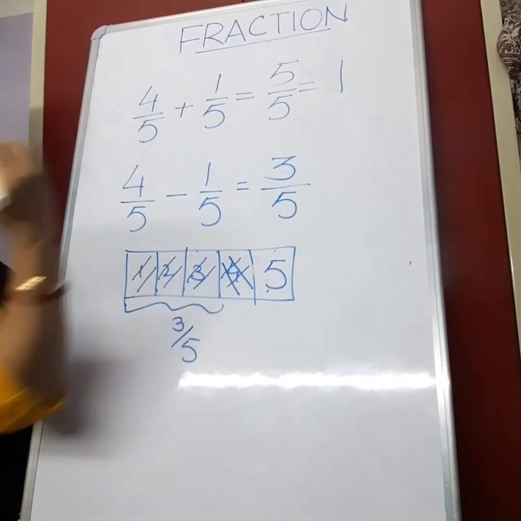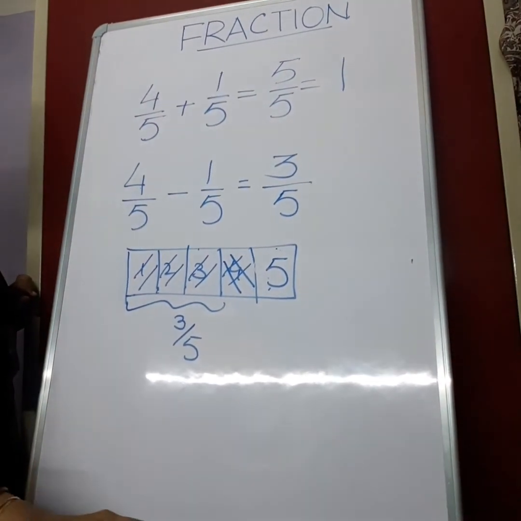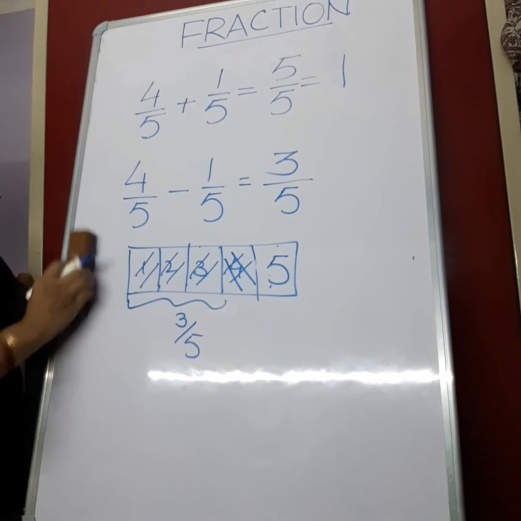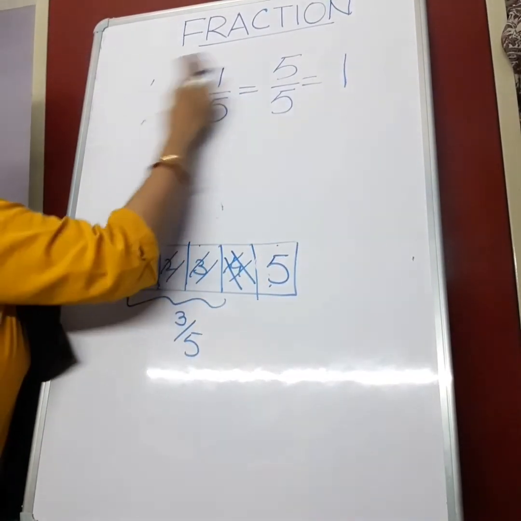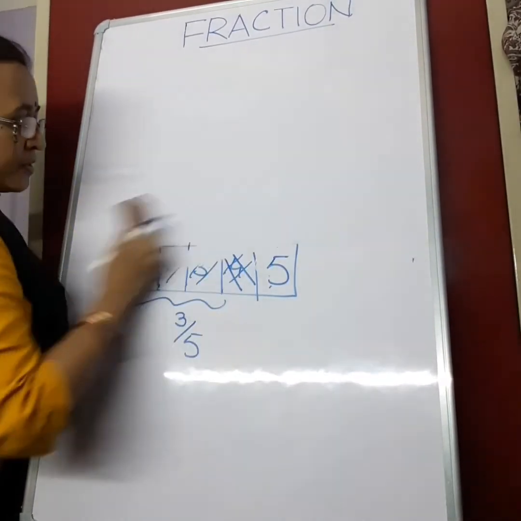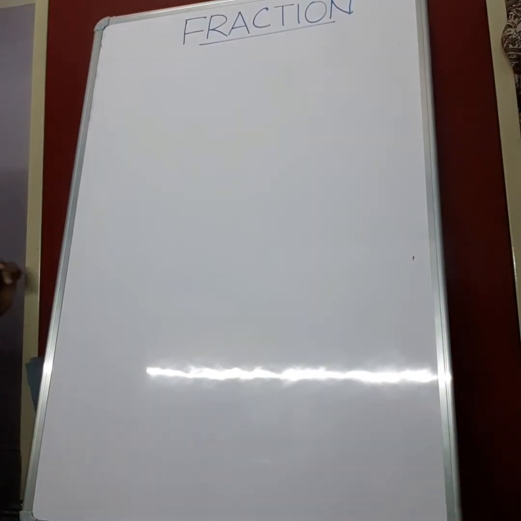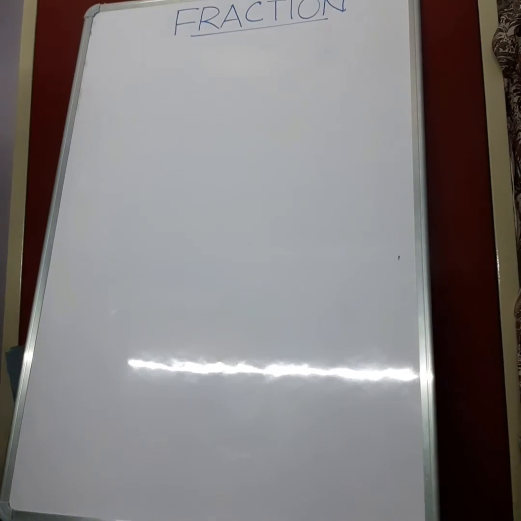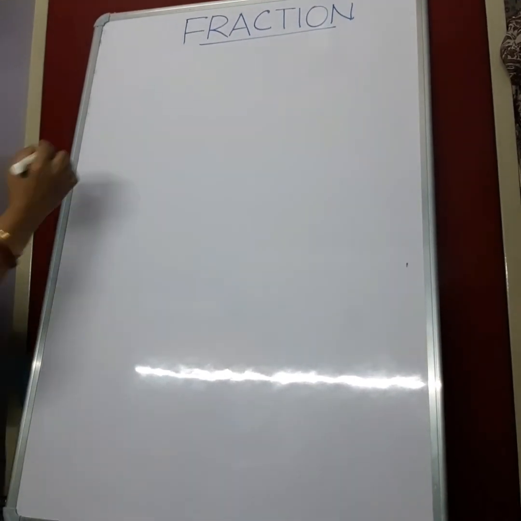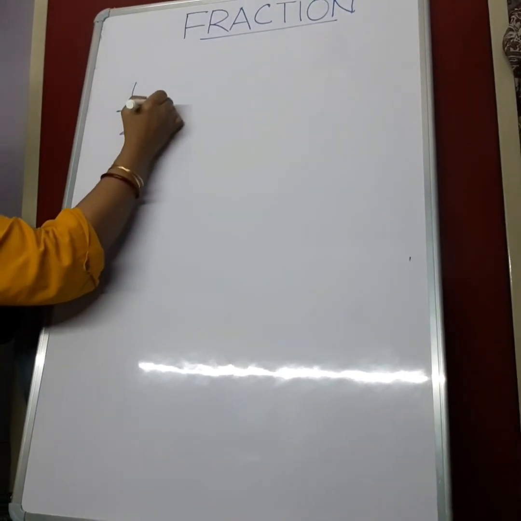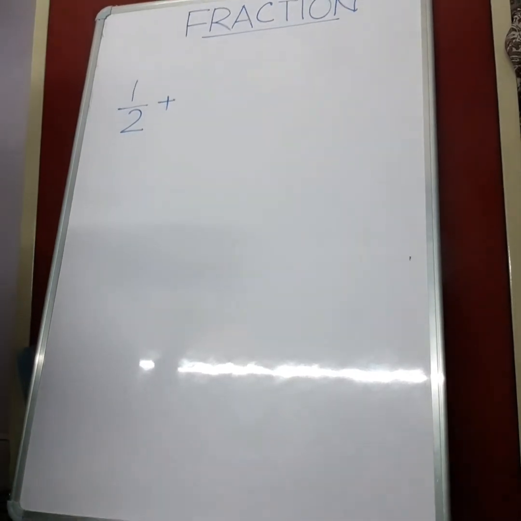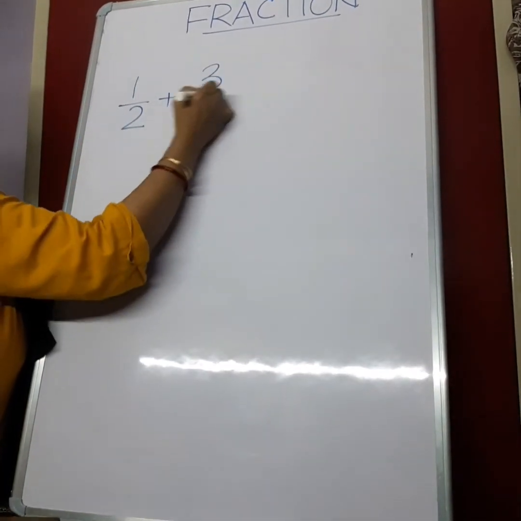So here it is. Now when we have different denominators, that is unlike fractions, let's see what we have to do. We have to make the denominators same. Let's take these fractions: 1 by 2 plus 3 by 4 plus 4 by 5.